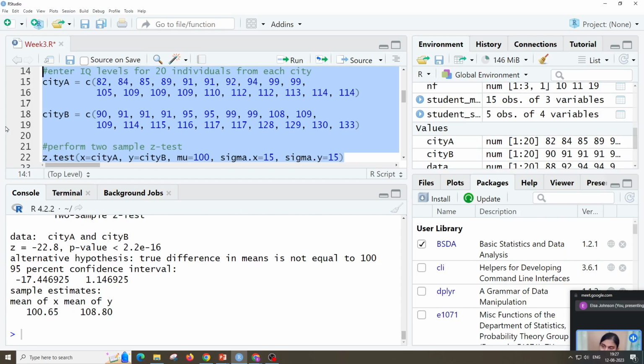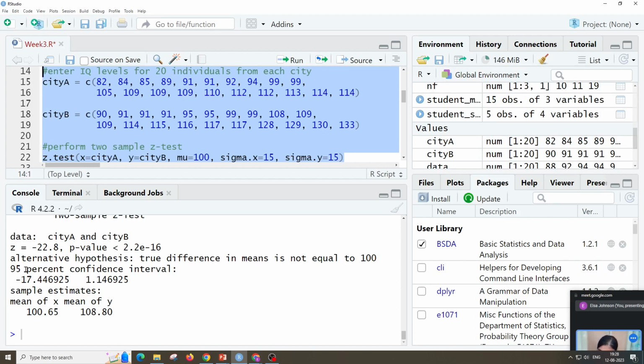In that, data from city A and city B is there, z value coming like this, p value is very less. Since p value is very less, the alternate hypothesis is selected, and the hypothesis is telling that true difference in mean is not equal to 100.